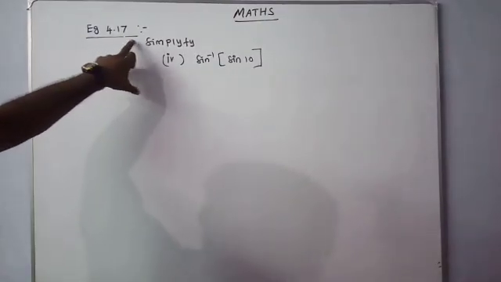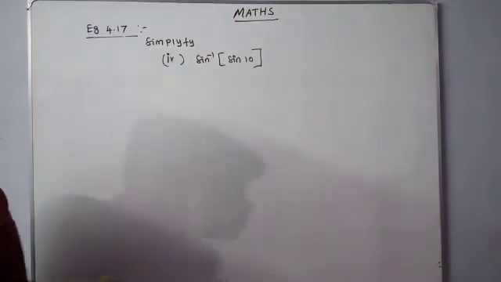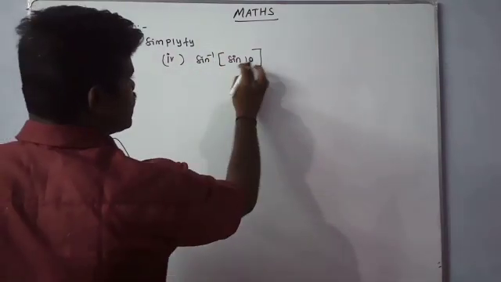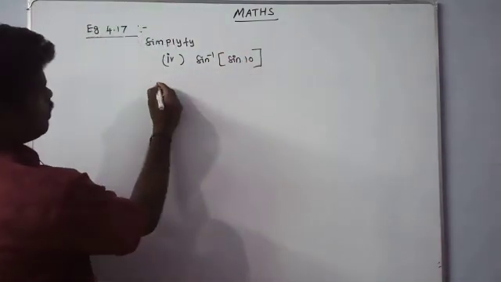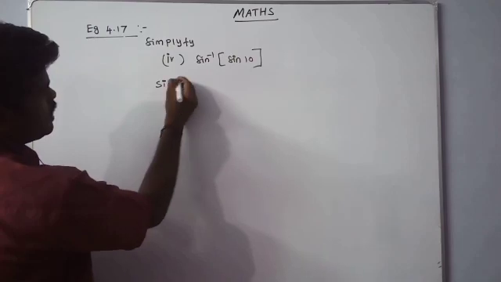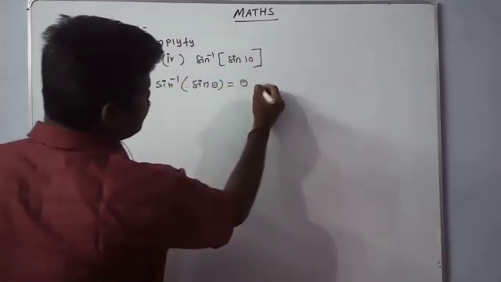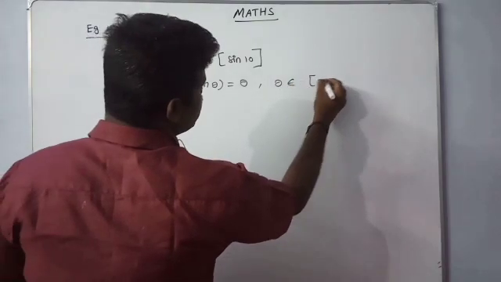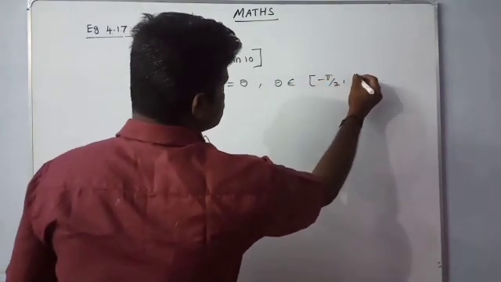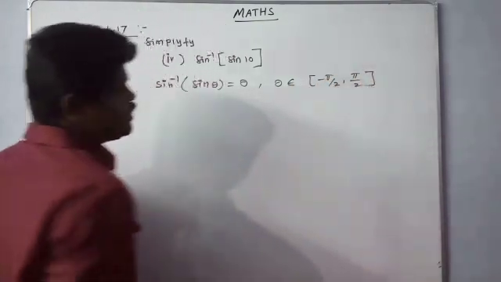Refer the sum. Example 4.17, simplify Roman letter 4. Sin inverse of sin 10. We know the property number 1, sin inverse of sin theta is equal to theta whenever theta belongs to the range of sin inverse, minus pi by 2 to plus pi by 2.